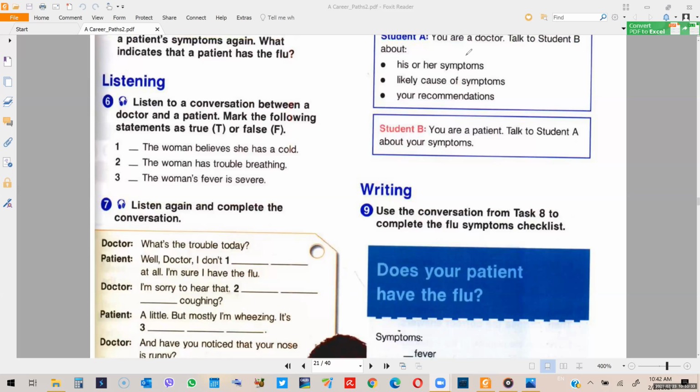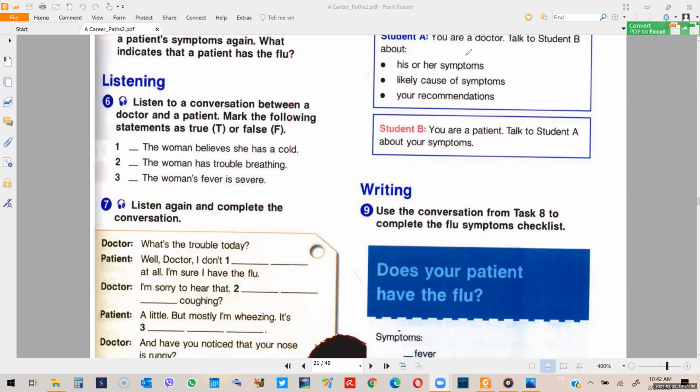Have you noticed your nose is runny? Or have you noticed your heart beating? Yes, it's hard to breathe. And one of the answers of the patient, she says, it's hard to breathe. I'm wheezing.